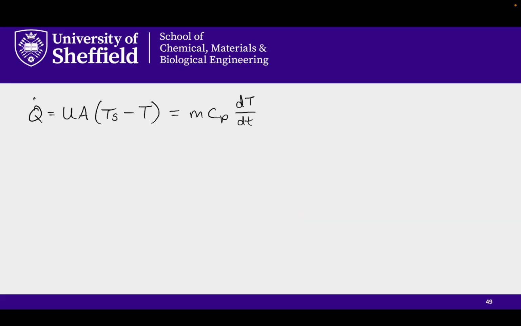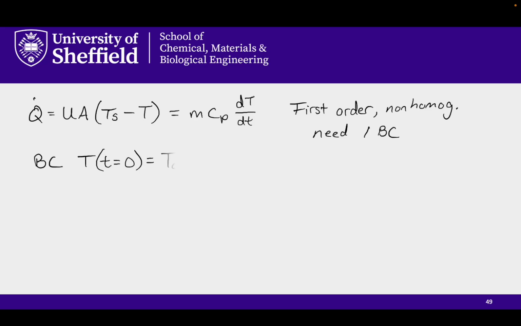All right, so we have an equation. It is a first-order non-homogeneous equation. We need one boundary condition in order to solve it. And so I'm just going to tell you that at time equal to 0, the temperature of the object that we are cooling or heating is going to be T naught.